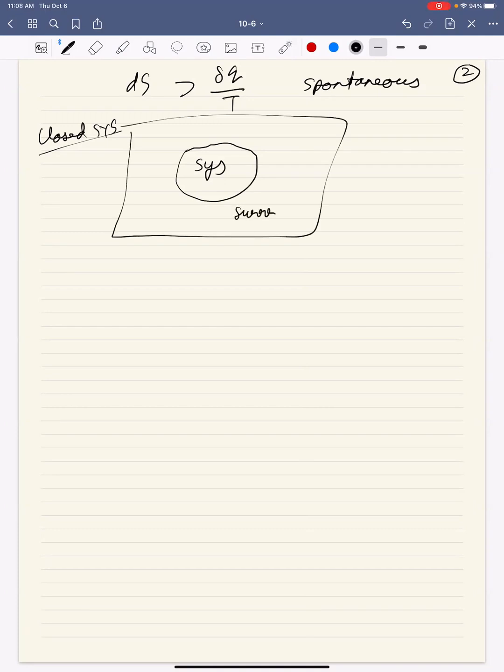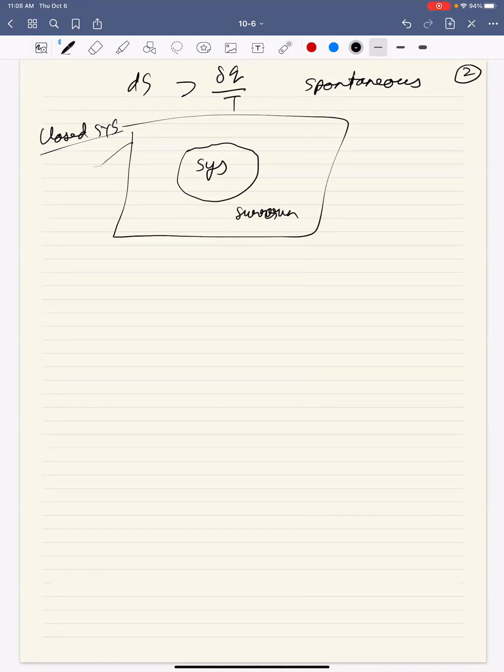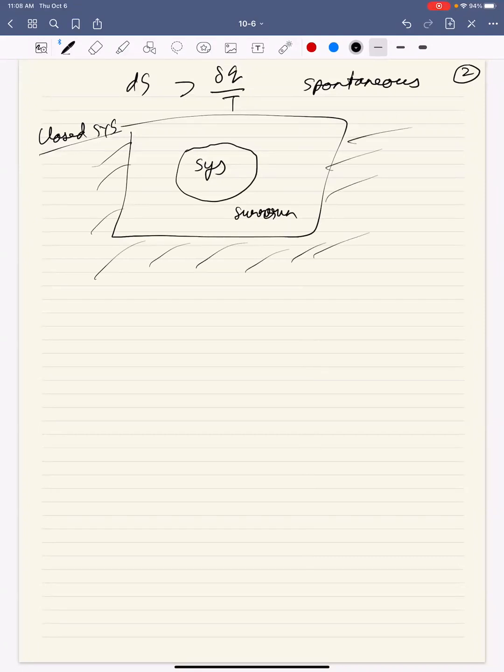If you think of system and surrounding together, then they are always a closed system, right? So what is the delta Q for that together? That's 0, because it's insulated. So another way of looking at this equation is that dS system plus dS surrounding is more than 0, right?